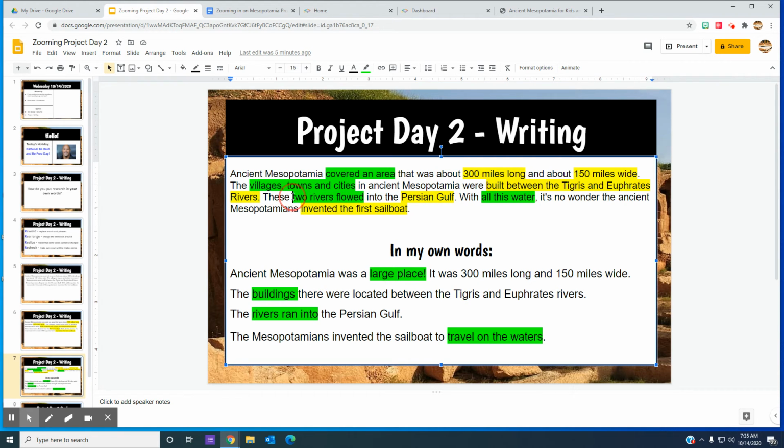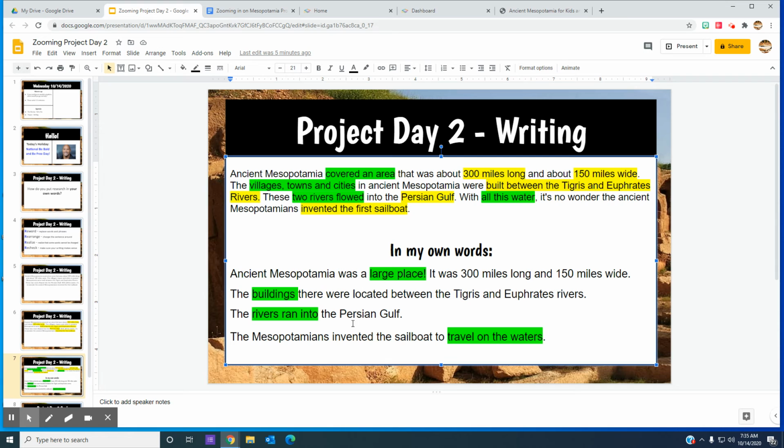So now I'm going to take this phrase and change it into just rivers ran into. The rivers ran into the Persian Gulf. I still have my important fact and I changed some words around. And then with all this water, it's no wonder the ancient Mesopotamians invented the first sailboat. I'm going to change this sentence around and say the Mesopotamians invented the sailboat to travel on the waters. So I changed up the phrasing just a little bit.